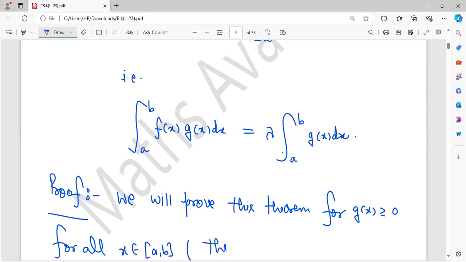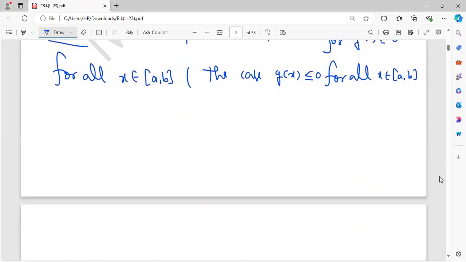The case g(x) less than or equal to 0 for all x belonging to the closed interval [a,b] can be treated similarly.